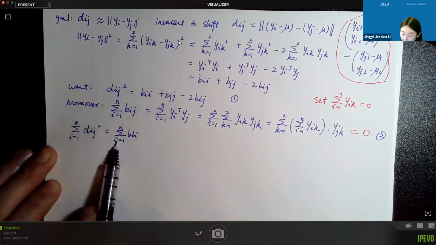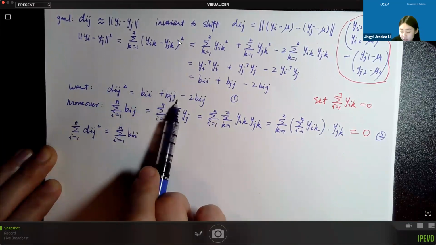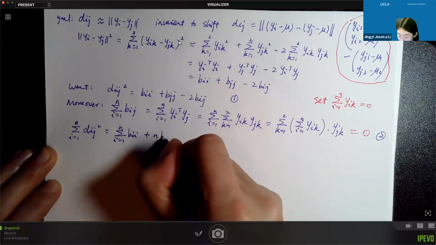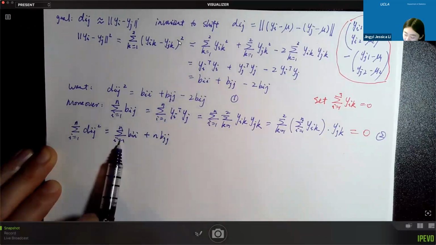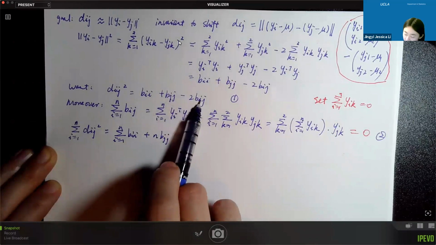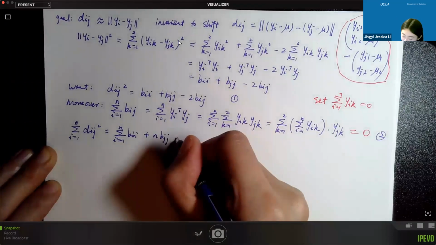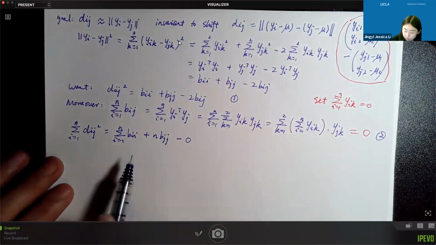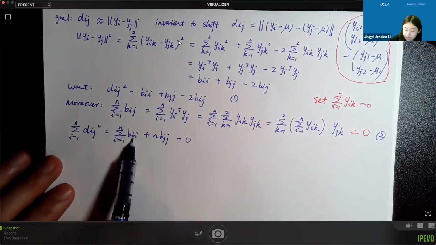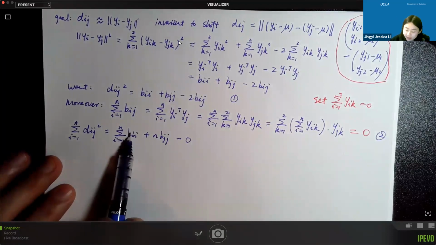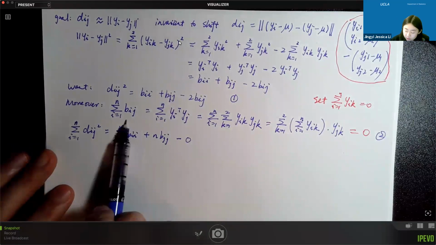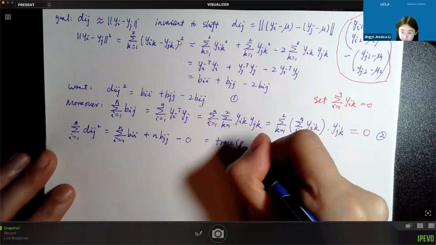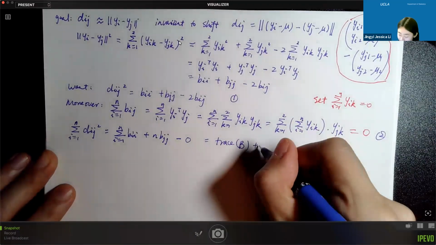The summation over i has nothing to do with B_jj, it's just that this copy will appear n times. So I'm going to have n times B_jj. And finally, I'm going to have the summation of B_ij, which based on this is 0. And the summation of B_ii, the ith diagonal entry of the Gram matrix B, is just equal to the trace of the Gram matrix B, plus n times B_jj.